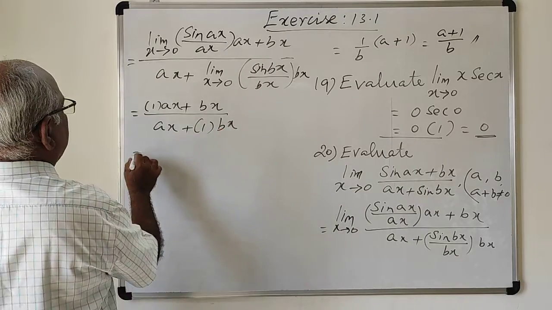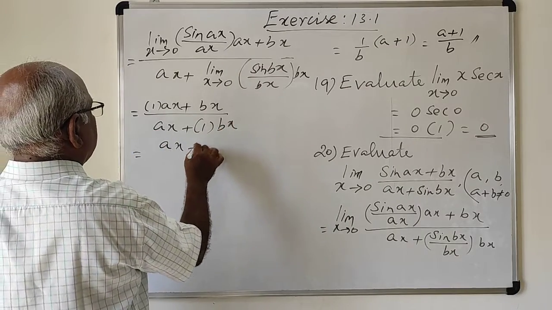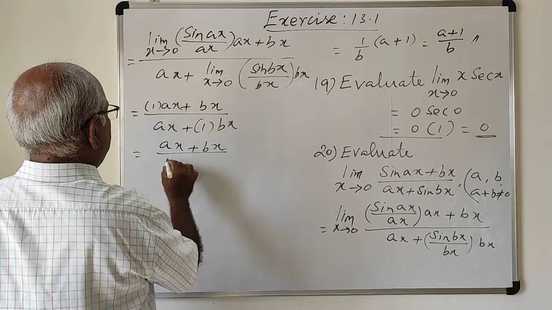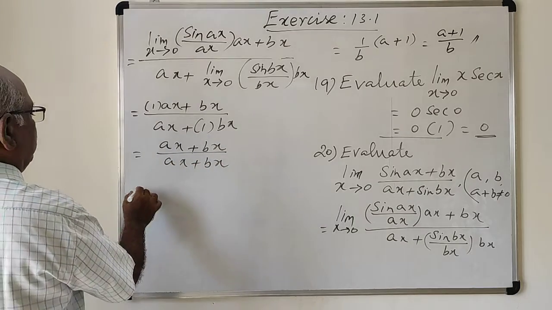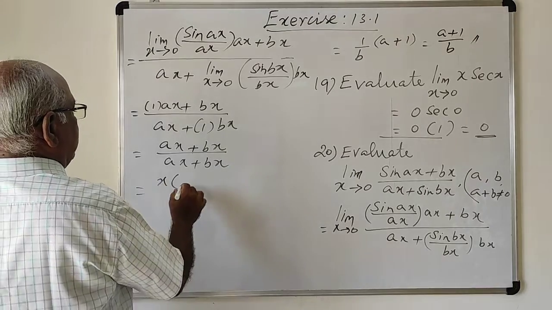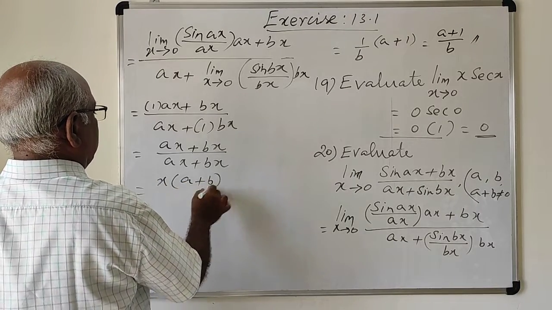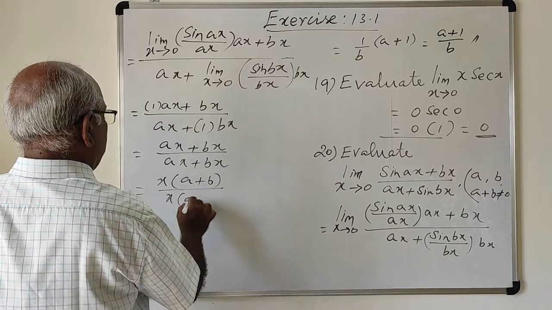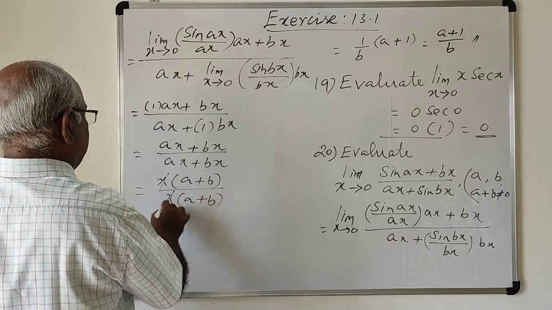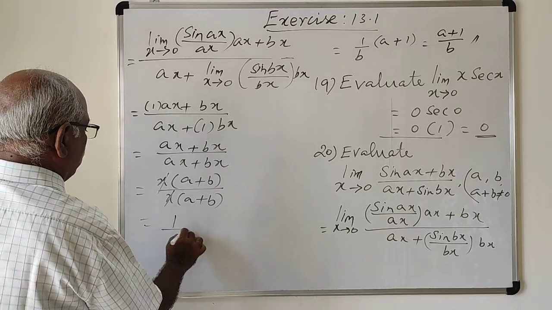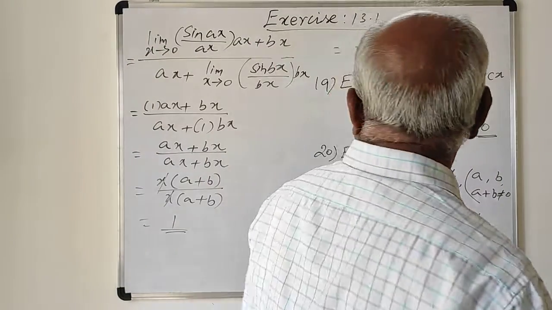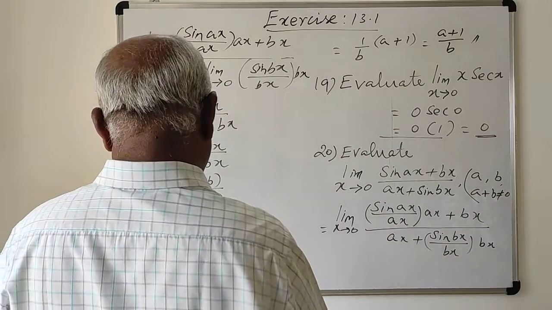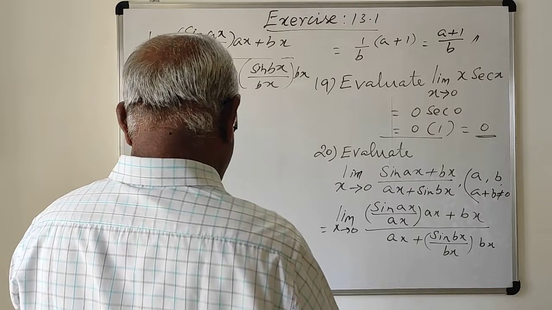X cancels, and you will get (a plus b) by (a plus b), which is one. That is the answer. This is problem 20. Okay. Next one, problem 21.